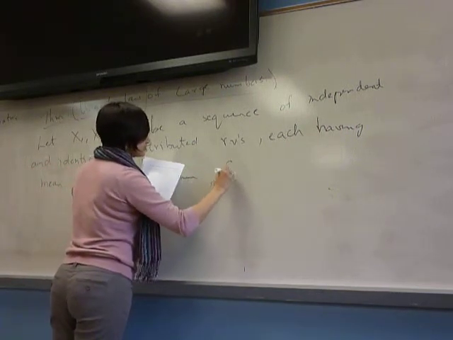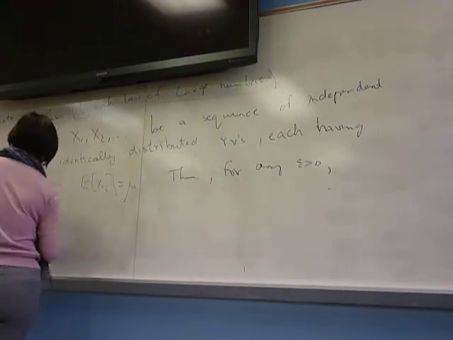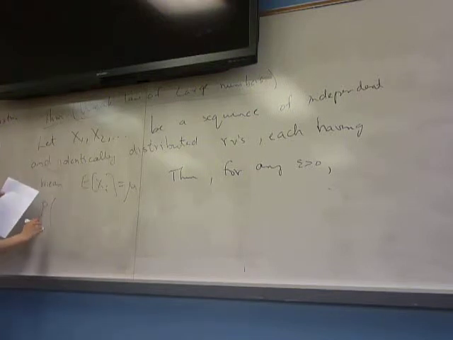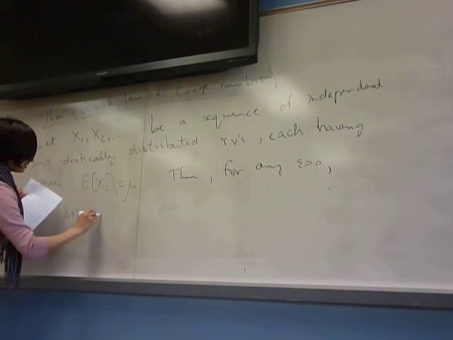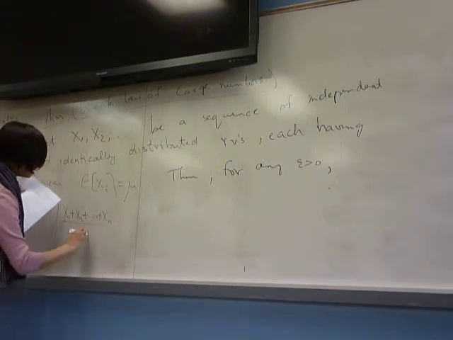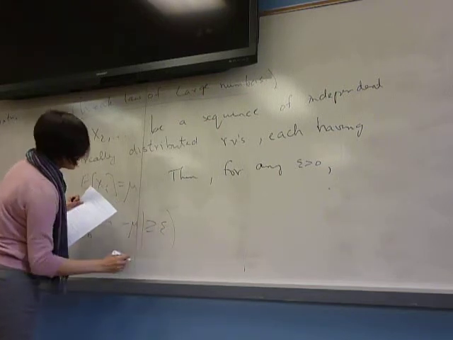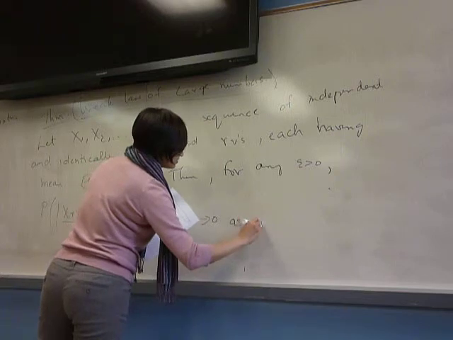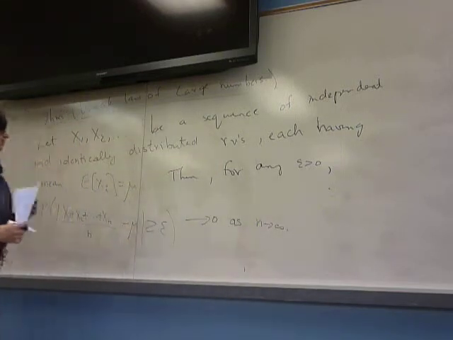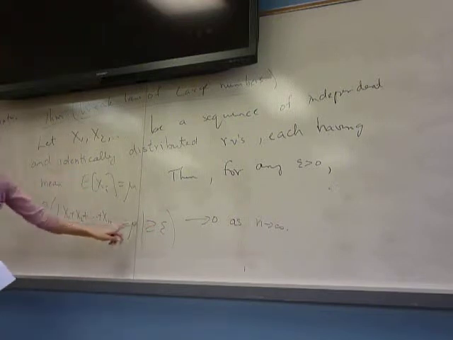Then for any epsilon greater than 0, the probability that the distance of this average from mu is greater than or equal to epsilon goes to 0 as n goes to infinity. So the probability that this distance is greater than epsilon becomes 0, so that means there's no distance between this and mu.